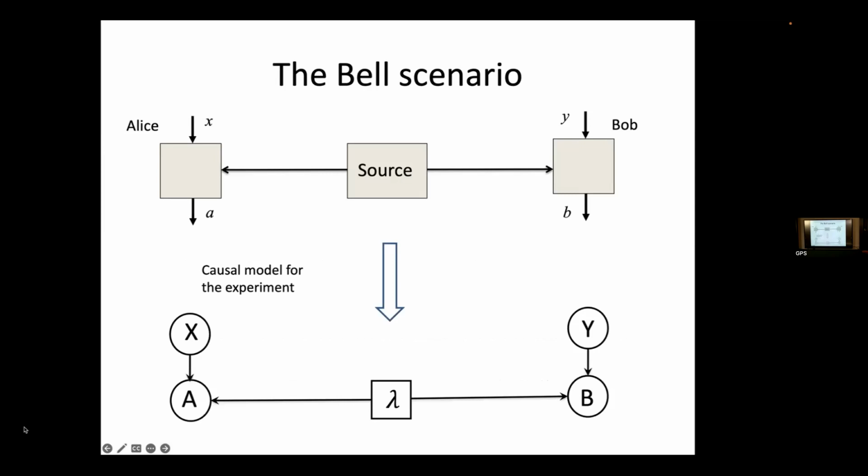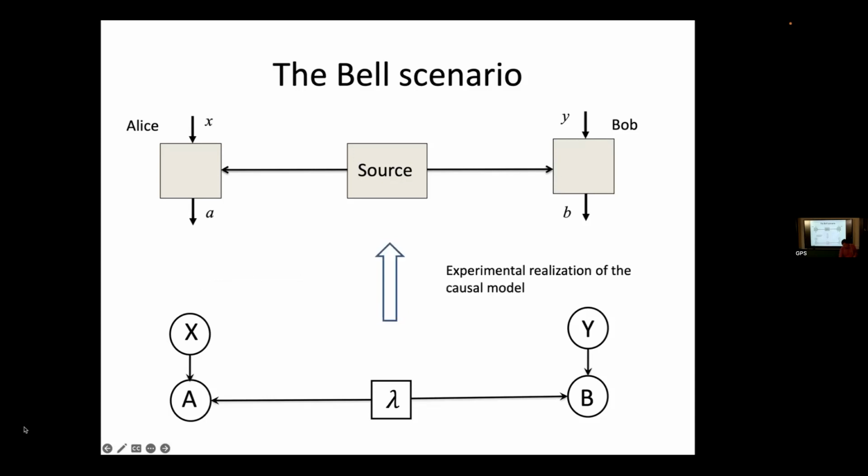Historically people were thinking that in Bell's scenario you prepare a state of two quantum particles and make measurements. But in the Bell scenario, there is nothing like quantum particles, just particles that came to a place and you made measurements on them. So this is the causal model that explains the experiment.